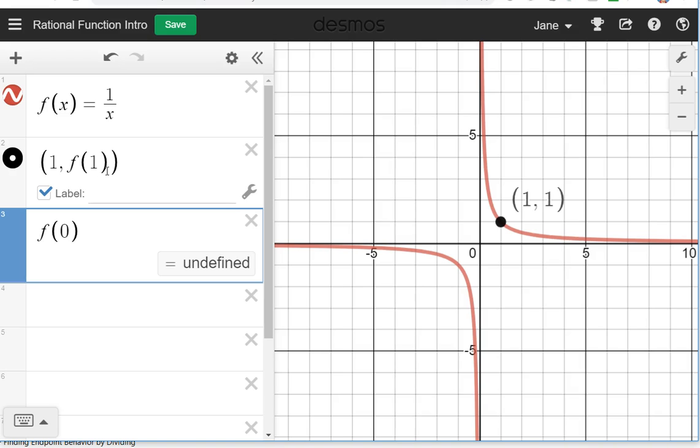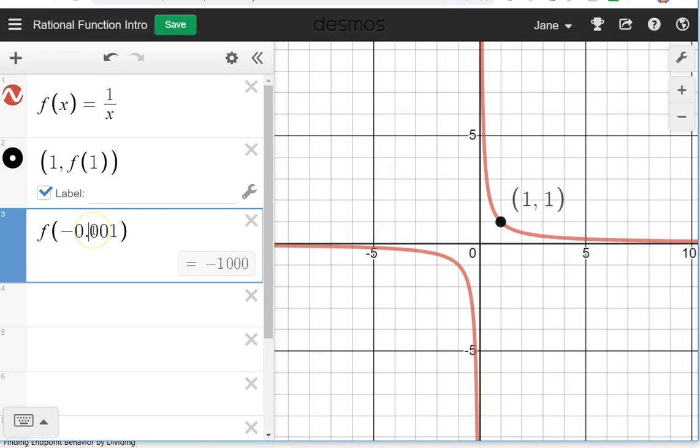So let's make this 0.001, for example. Well, notice now y is 1,000. y is getting really, really, really big. And you can see the graph going up and up and up as it gets closer to the y-axis. Now, what if we made this a negative number? If x is a negative value close to 0, the graph is going down and down and down and getting a very large negative number.